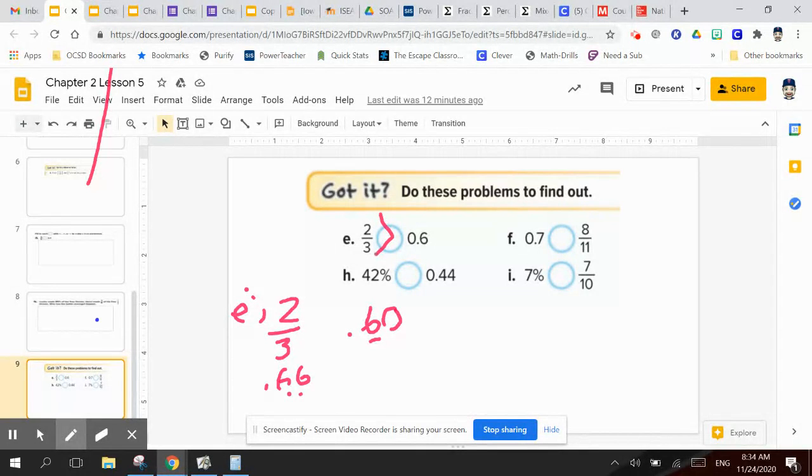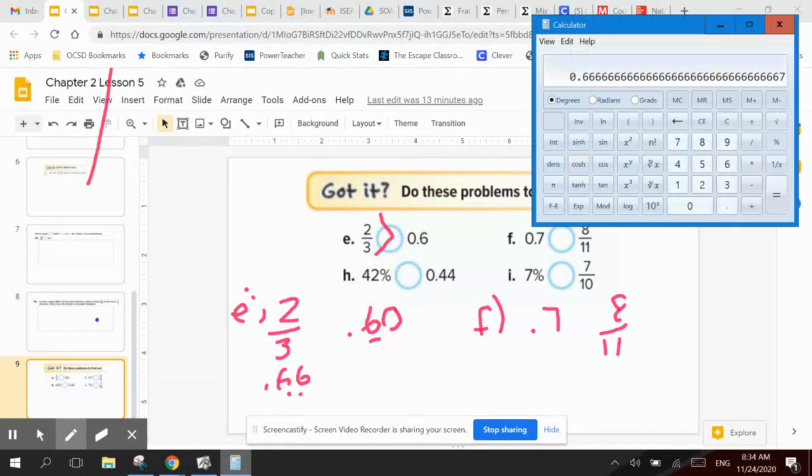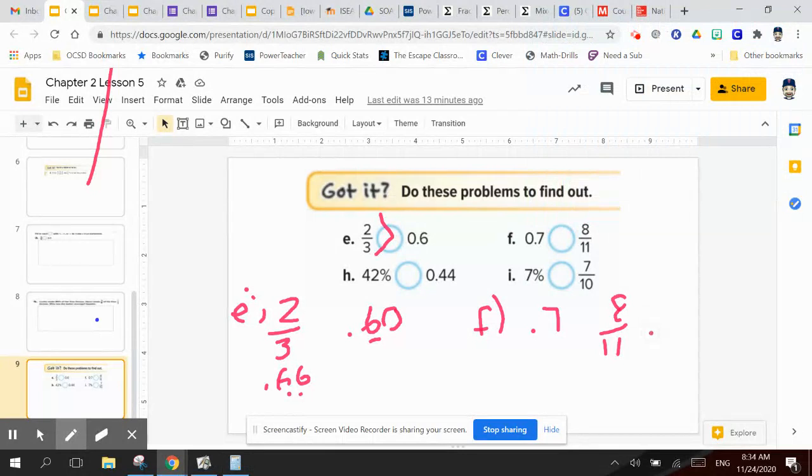If I do letter F, 0.7 and 8/11, again, my decimal is already here. So I need to change 8/11. So I go 8 divided by 11. And I get 0.727272.